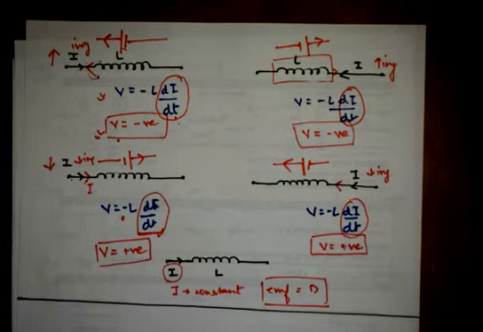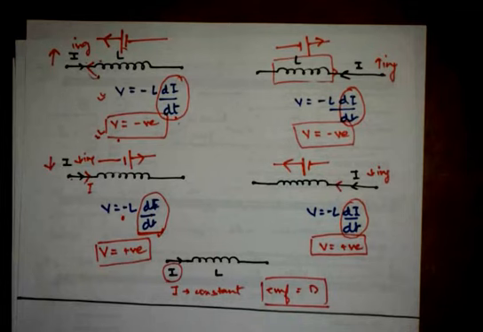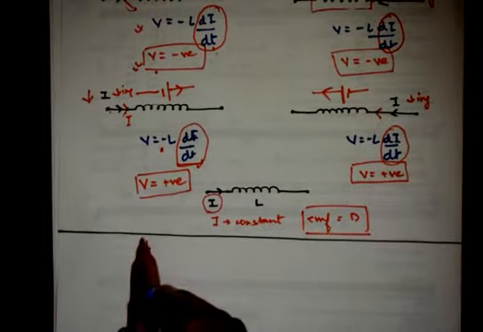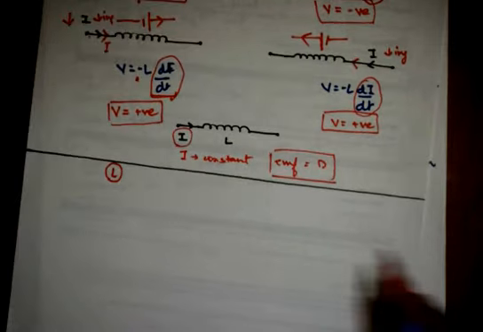Now the last thing is that we can also find the formula for L. If we have to find the formula for L, then how are we going to compute? For that, let's consider again a coil through which a variable current is flowing.